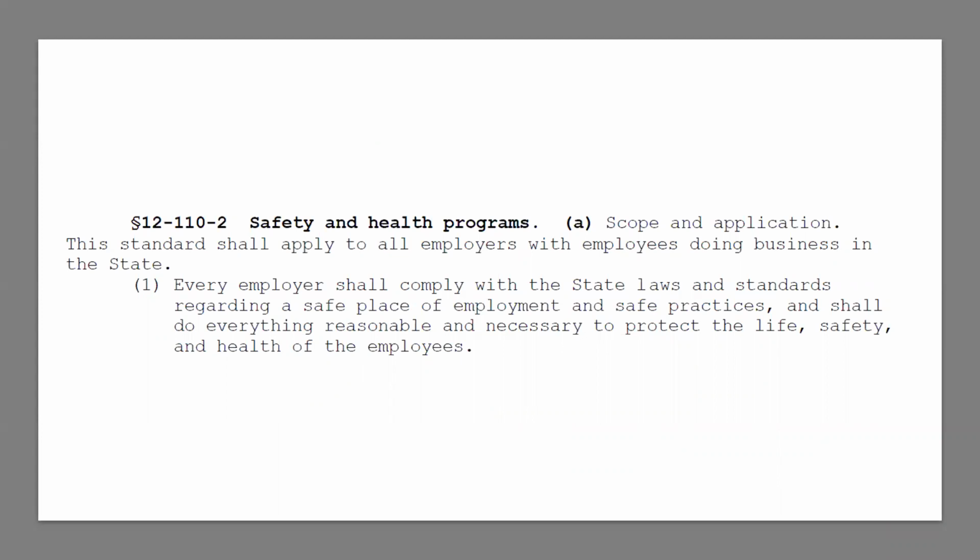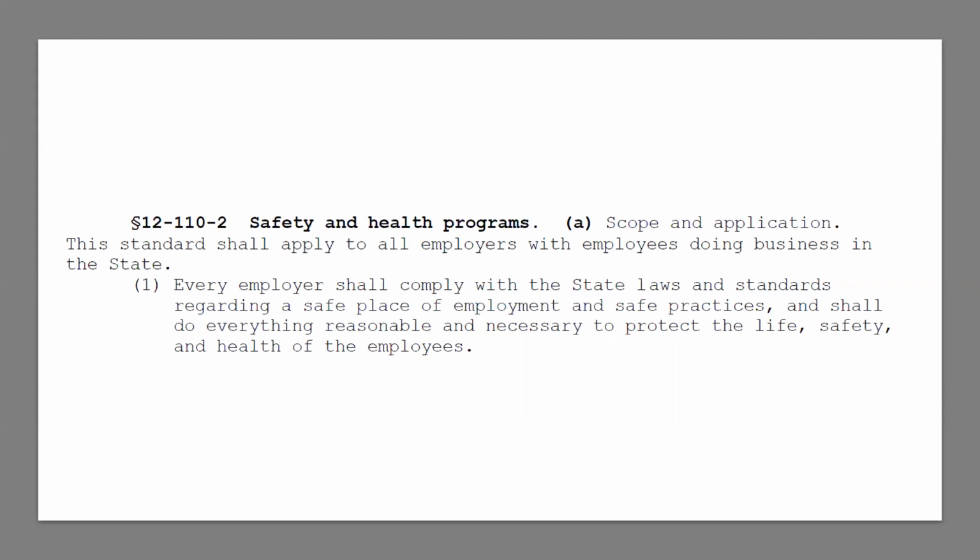It's not titled one class or this class. It's talking about a program. That's a management system, okay? And so it says that this standard applies to all employers with employees doing business in our state, okay? And the first in this general requirement talks about that every employer shall, that means we must, right, comply with state laws and standards regarding a safe place of employment and safe practices.